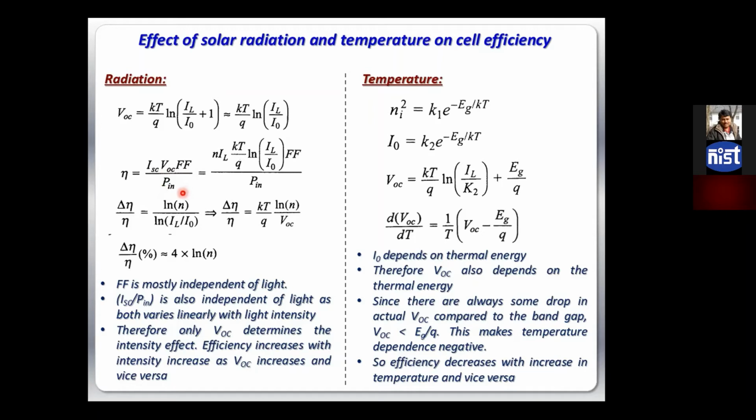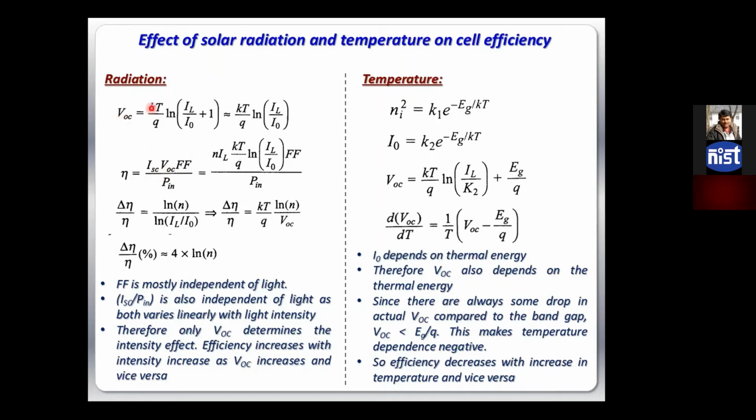PIN increases linearly, and what we have seen is that ISC, which is the photocurrent, also increases with more number of photons. So I can say that ISC by PIN cancel each other, they are linear. And the fill factor largely depends on the resistance and all these things, so it does not depend on the intensity of light. So I can cancel these things. So now my efficiency directly varies with the variation of VOC with intensity, right?